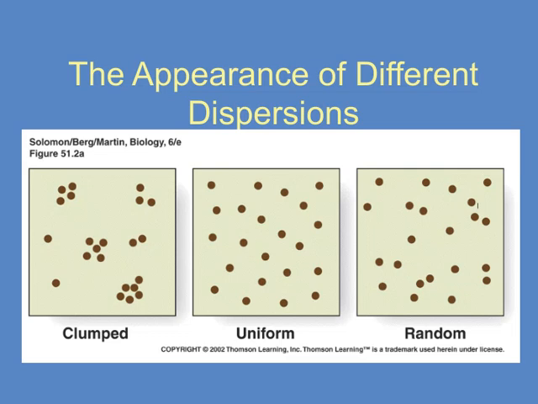Let's take a closer look at the appearance of different dispersions. As you can see, dispersions can vary quite a bit in how they look and behave. The key point here is that the appearance depends largely on the size of the dispersed particles and how they interact with the medium. For example, in a colloidal dispersion, the particles are small enough that they stay suspended, giving it a cloudy or opaque look.